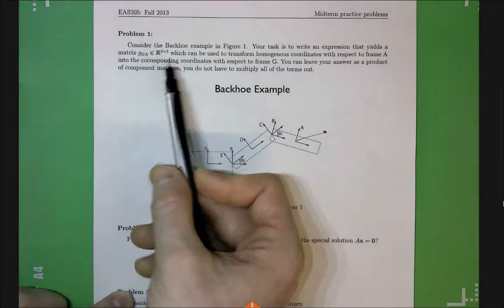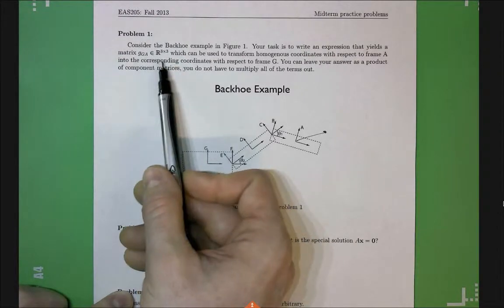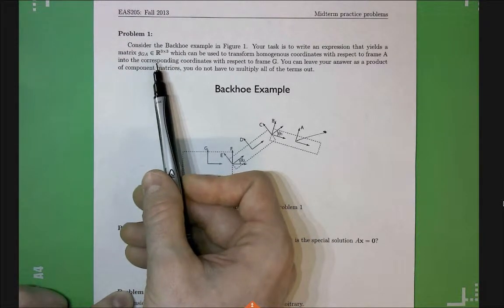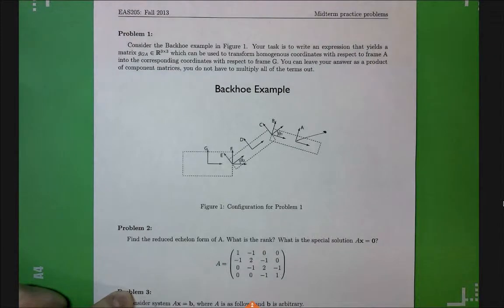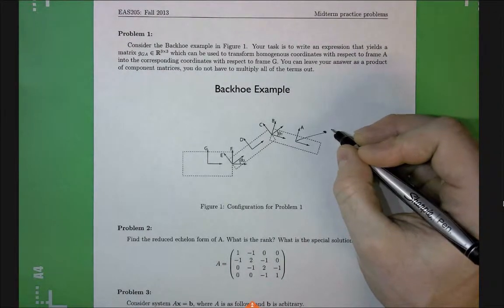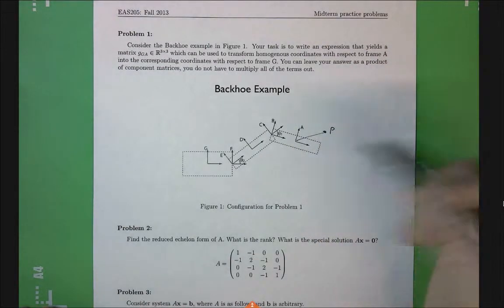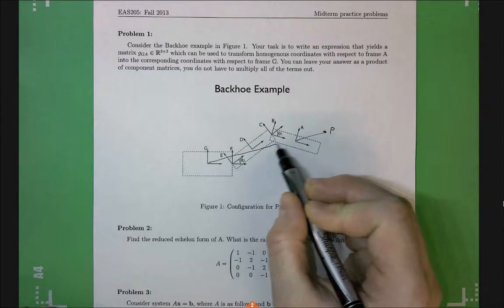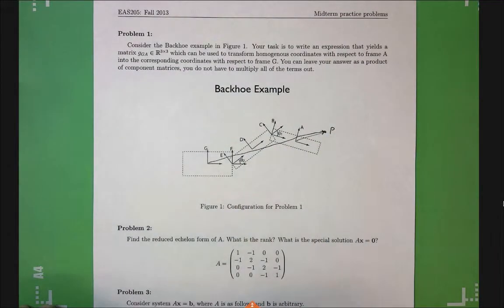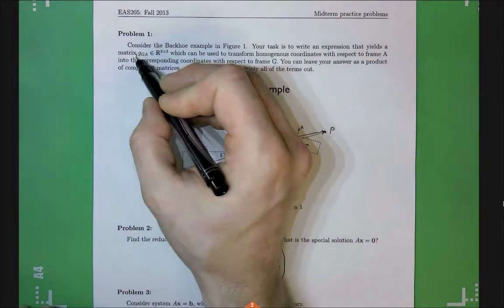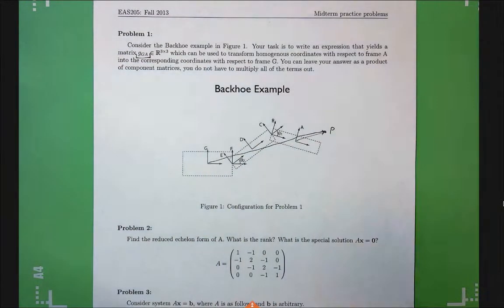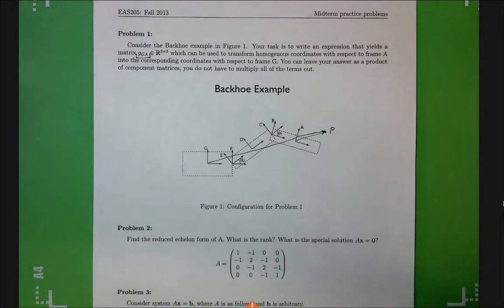So my matrices in homogeneous representation will be 3 by 3. I guess that's really the point of the midterm, that it forces you to remember these things. If I take a point in A coordinates, then I want to know what are the coordinates of the same point with respect to G, right? That's what this matrix will be doing, and your task is to find that matrix.